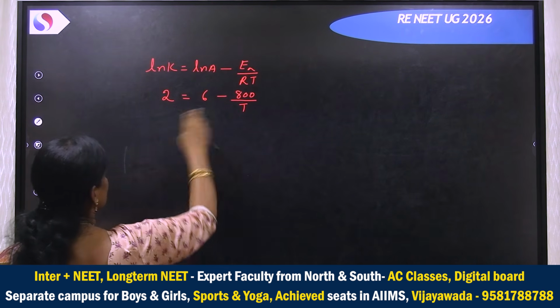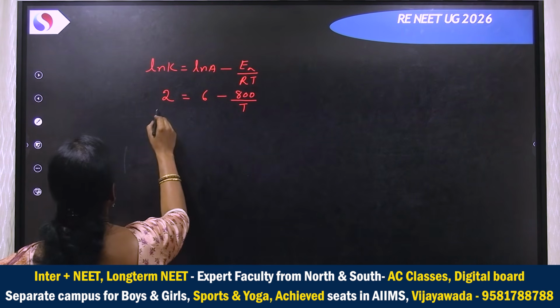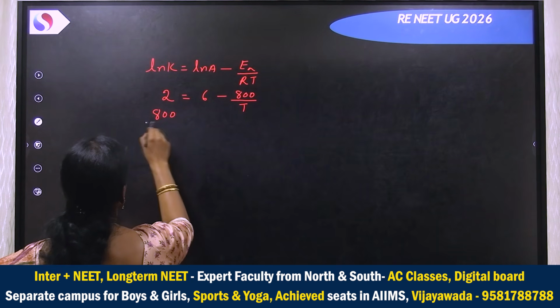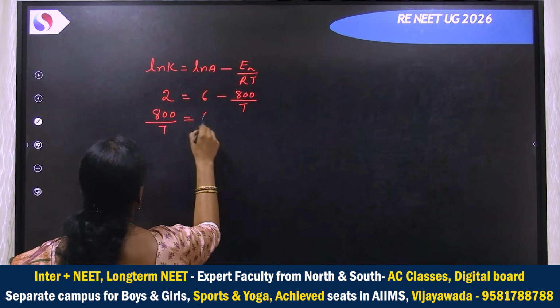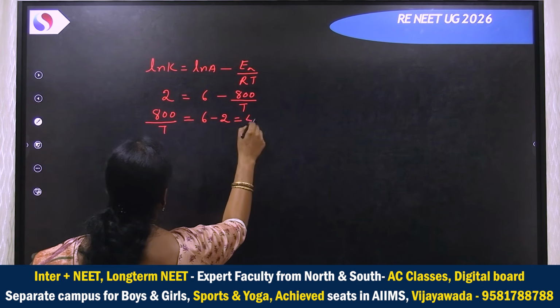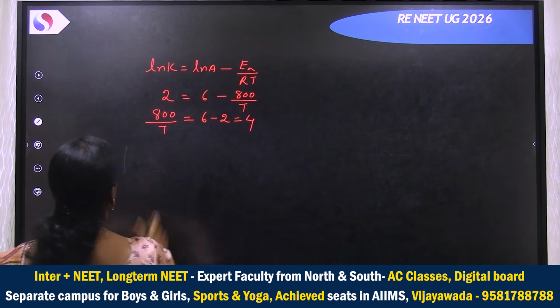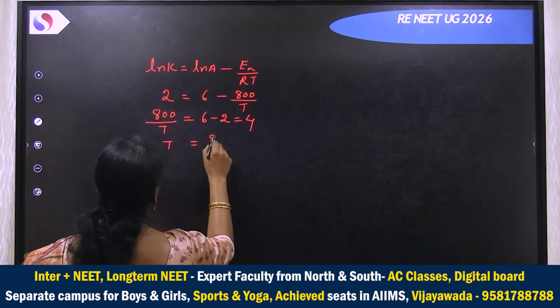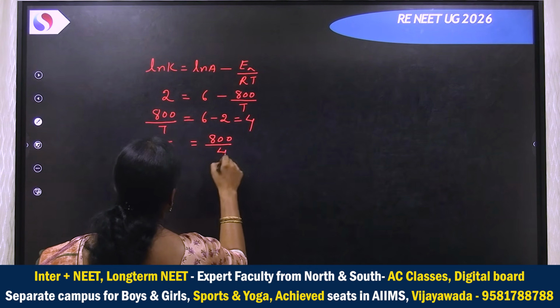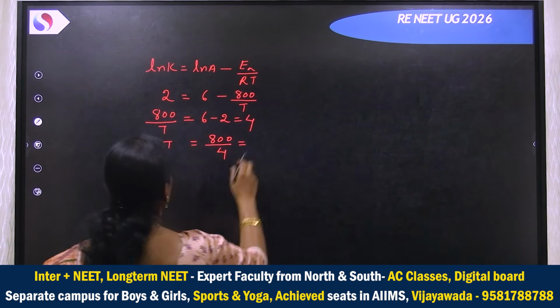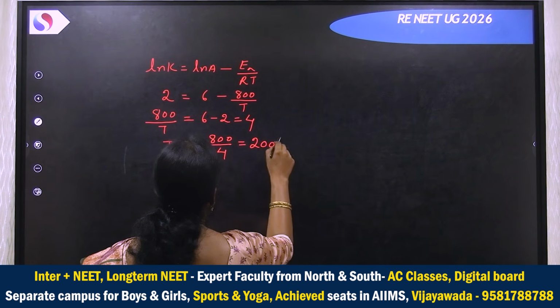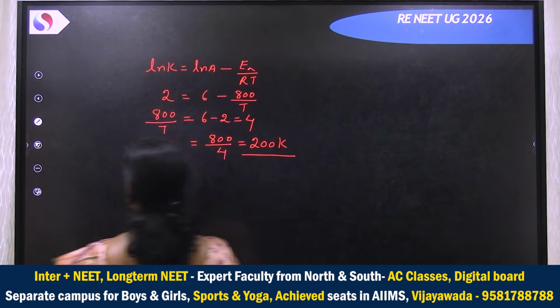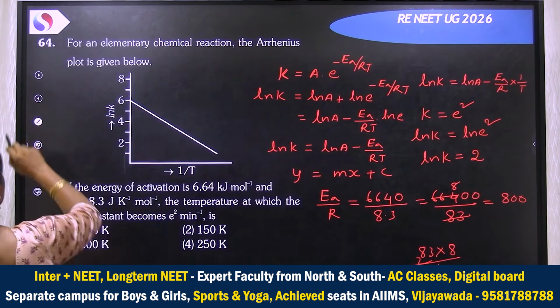If I bring this to the left side, 800 by T is equal to 6 minus 2, which equals 4. Then temperature is equal to 800 by 4, so 200 Kelvin.